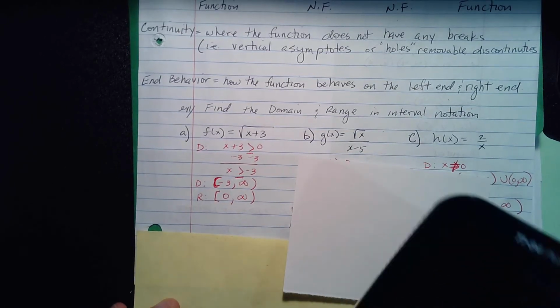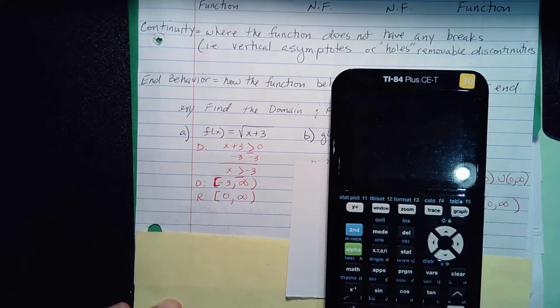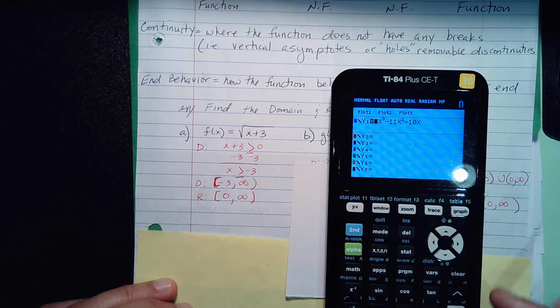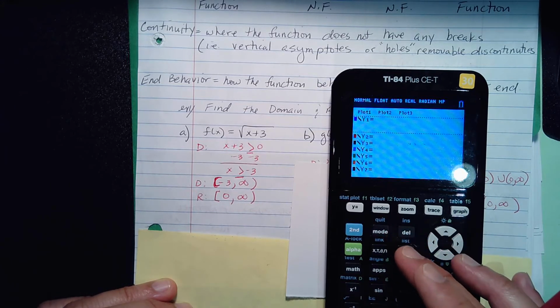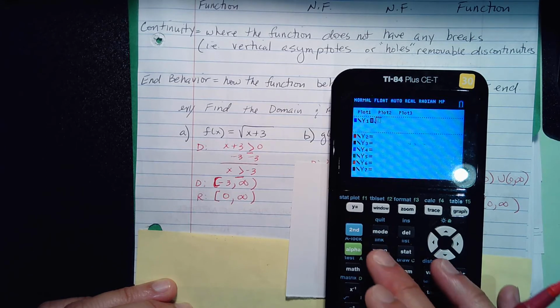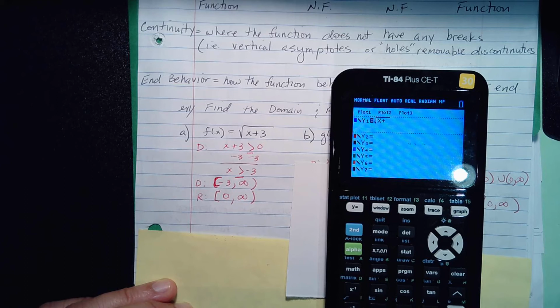Alright, so now to find the range, think of the y values. So let's put in y equals the square root of x plus 3. Hit the graph.